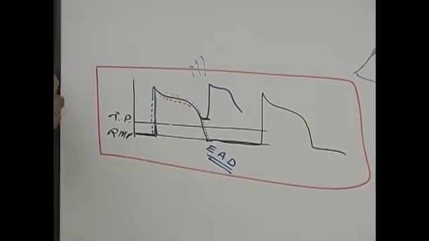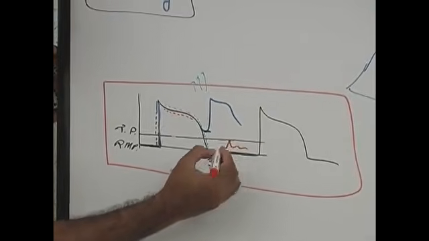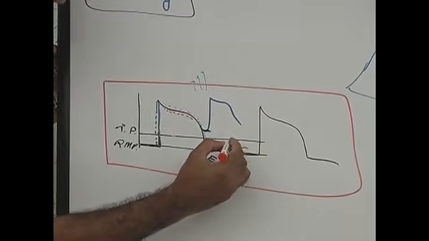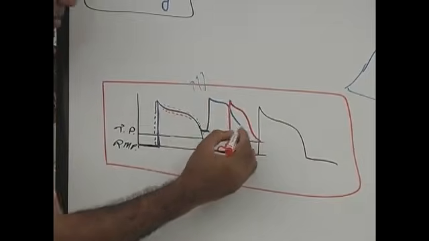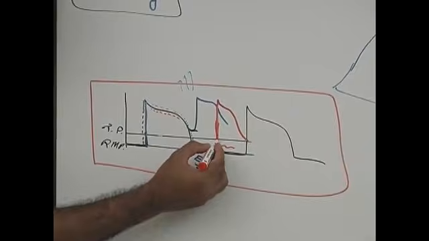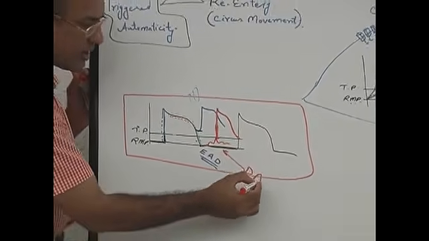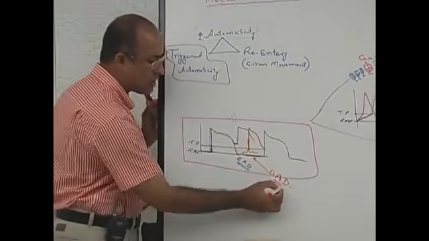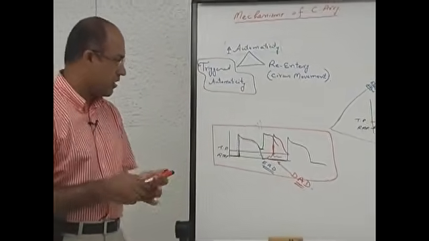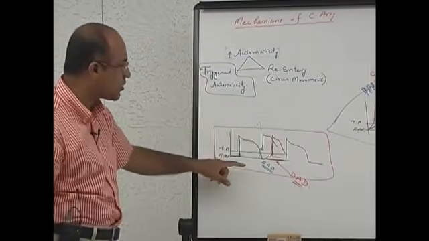And sometimes resting membrane potential is fluctuating, and if it touches the threshold, a depolarization is produced, but this depolarization is not so early, so it is called delayed afterdepolarization. So let me tell you, number one, when there is triggered automaticity, we are talking about triggered automaticity.